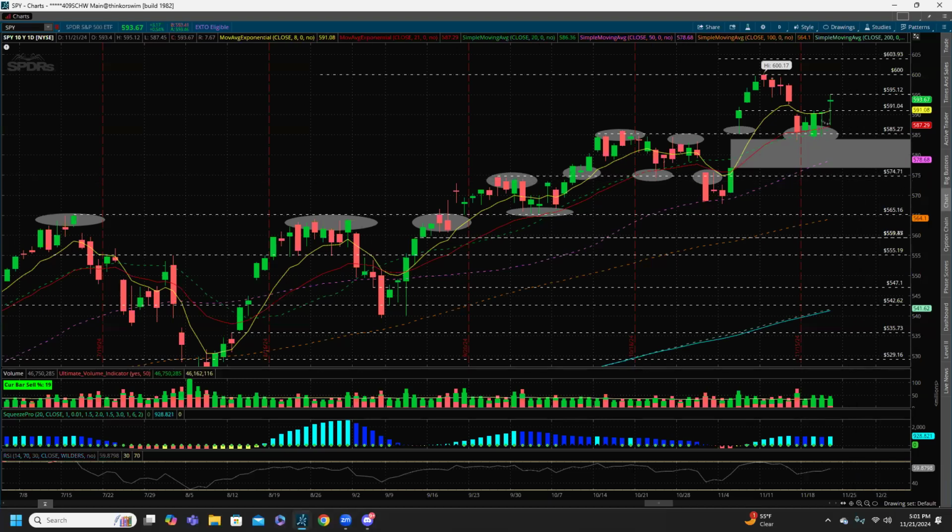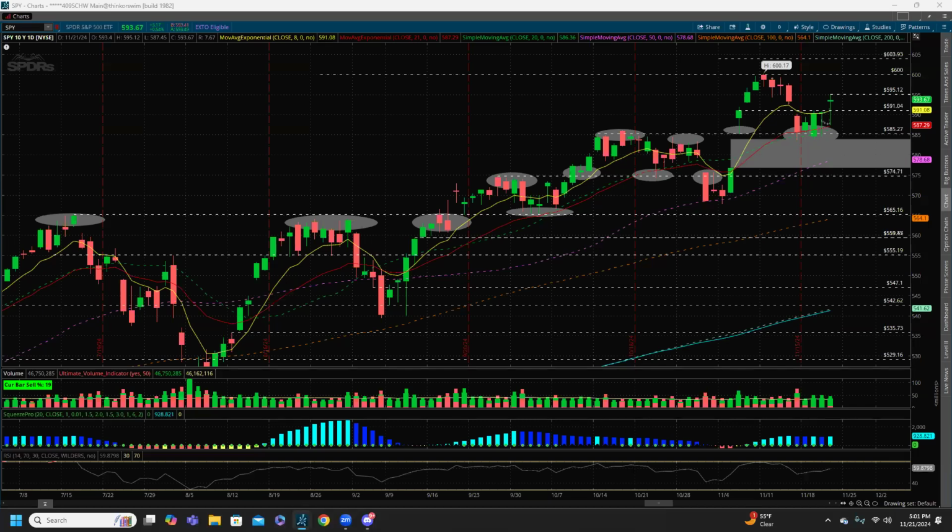Does anyone have any questions with tomorrow's game plan now? What are the two levels we're going to be looking to trade around tomorrow? Bingo. 591, 595.